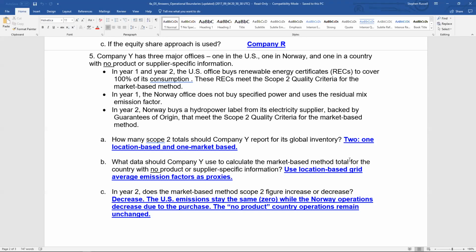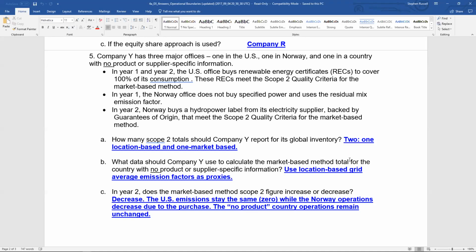They're available for the US and the EU, but not for many other countries. And in cases where those residual mix emission factors are not available, then a company can simply default to the standard grid average emission factors to calculate the emissions under the market-based approach.